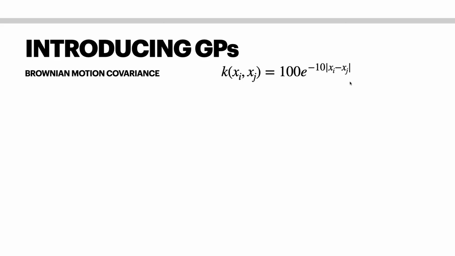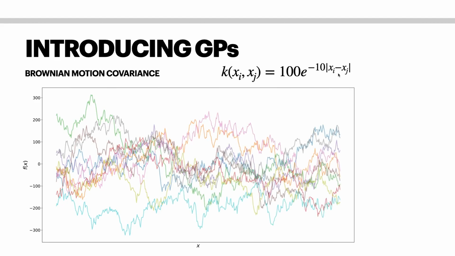Okay, one more example. Instead of squaring the term inside the exponential, we'll just take the absolute value, meaning covariances decay in a different and slower way with distance. What do we get? Again, random functions, though this time with quite different properties. Now they're jagged rather than smooth, yet they're not uncorrelated or white noise.